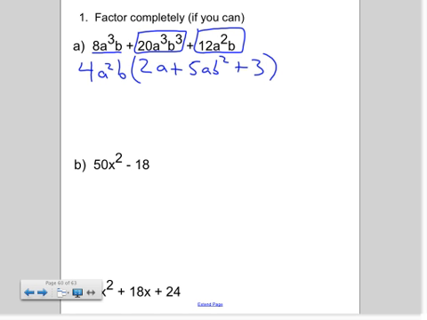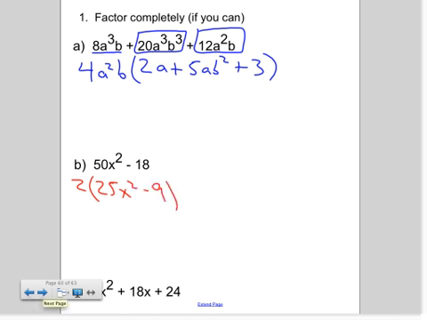We turn our attention to example 1, part B. Factor completely. First thing I'm going to do is pull out a common factor if possible. I notice these are both even numbers, so I can pull a 2 out in front right away, and I'm left with 25x squared minus 9.